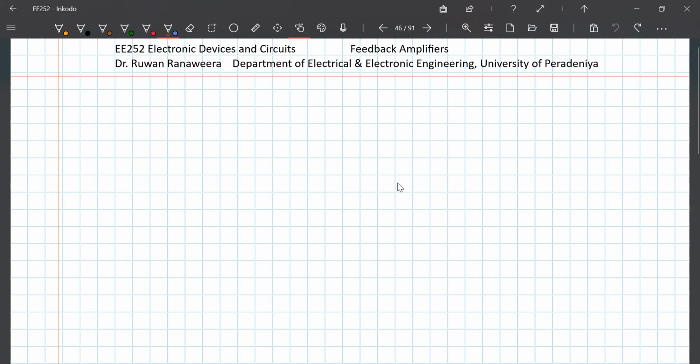So in order to represent the basic amplifier, we represent it by gain, and the feedback network we again represent by a black box like that.